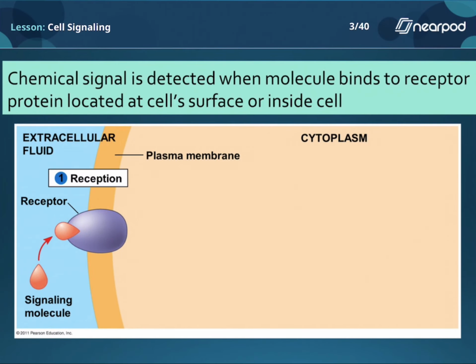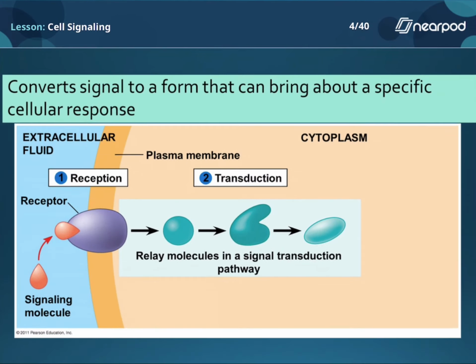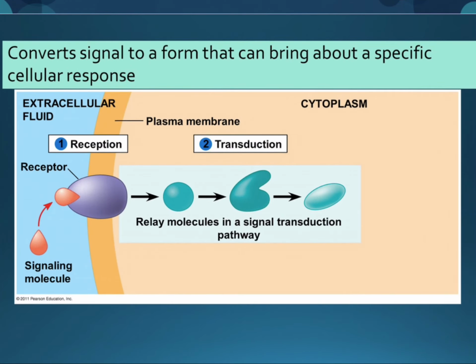If we look at this, the chemical signal is detected when the molecule binds to the receptor protein located at the cell's surface or inside the cell. The signaling molecule is in the shape of a teardrop, and it fits into the receptor that has a cutout that would fit a teardrop. That's reception. It converts that signal to a form that can bring about a specific cellular response.